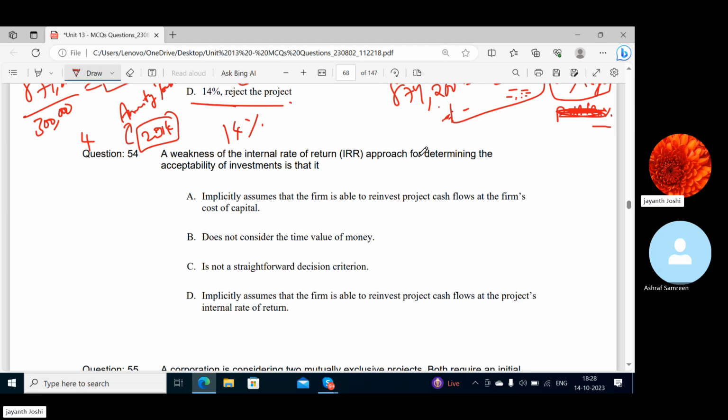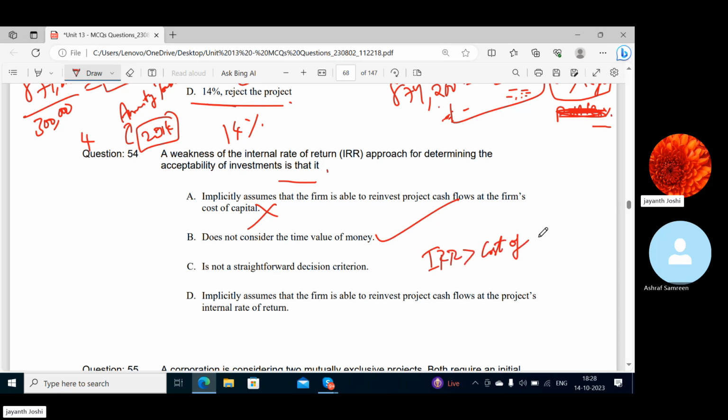The weakness of the IRR approach for determining the acceptability of an investment is that, you should tell me: it implicitly assumes that the firm is able to reinvest project cash flows at the firm's cost of capital; does not consider the time value of money; or it is not a straightforward decision criterion. It is straightforward, since many times we take a simple decision: if IRR is more than cost of capital, we accept the project.